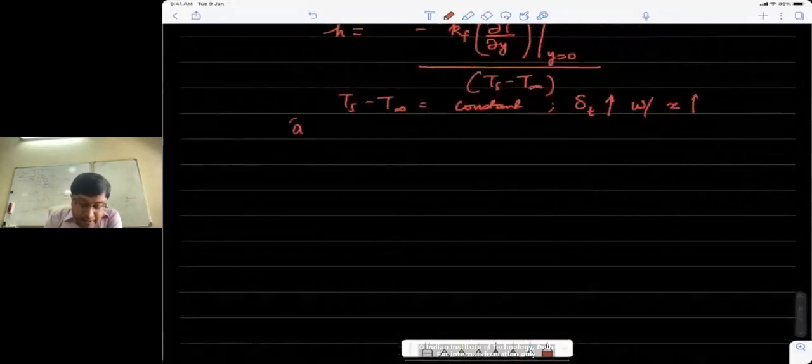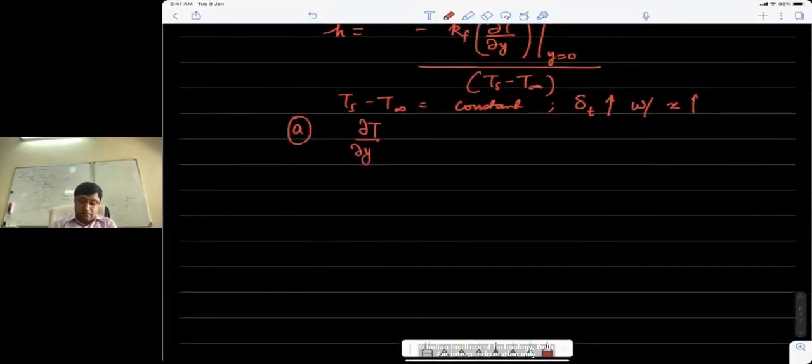Now, because delta T increases with x, that means dT/dy, the temperature gradient at y=0, will actually decrease with x. So think it over.